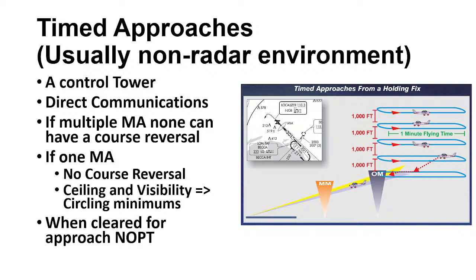Do you guys know what the difference between approach control and departure control is? They're the same people, same frequency. It's just when you're talking to them. If you're flying into Spokane, you call them Spokane approach.